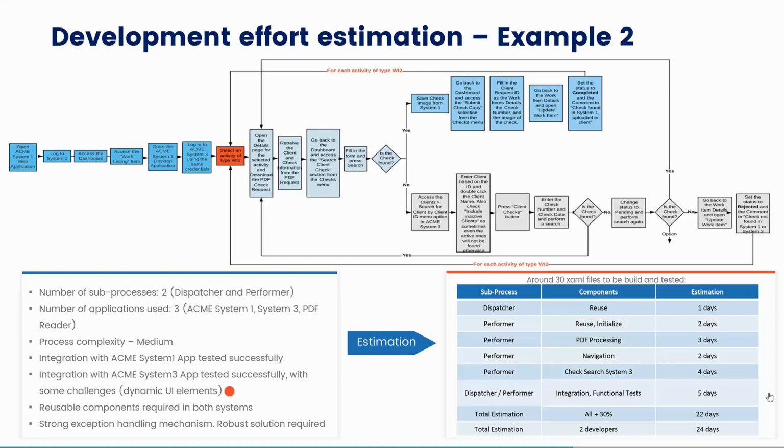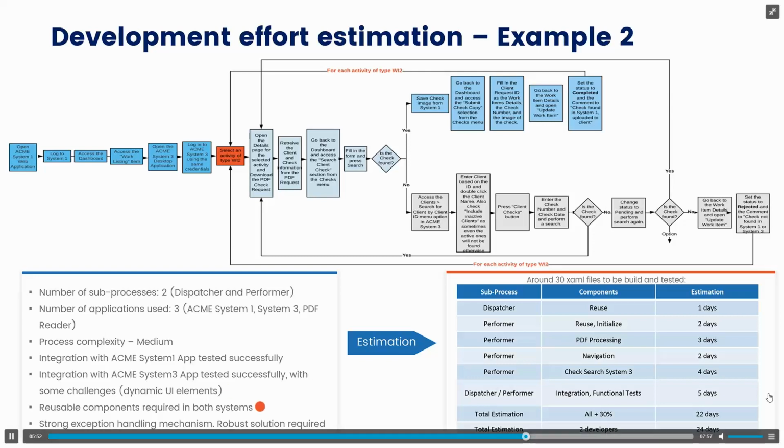It seems that this application was not that well built. We need to create some reusable components in both System 1 and System 3, and we will reuse some of the components previously created. One important aspect, we have some strong requirements in terms of exception handling. Check the PDD for details. So obviously, we need a robust solution.